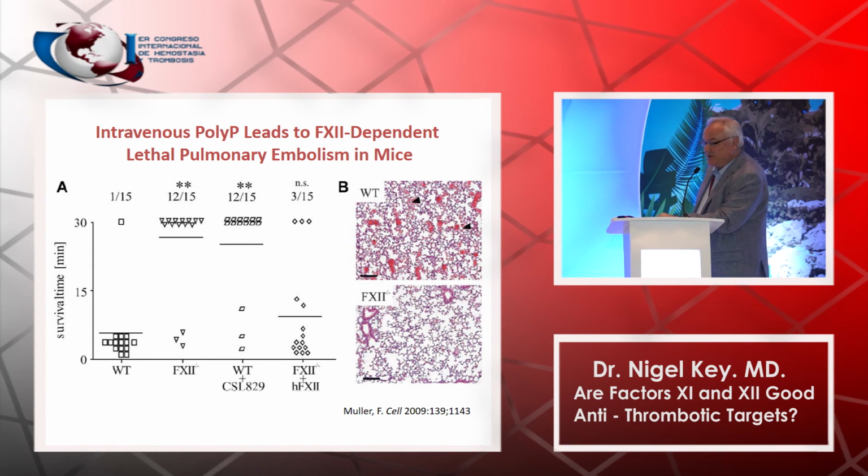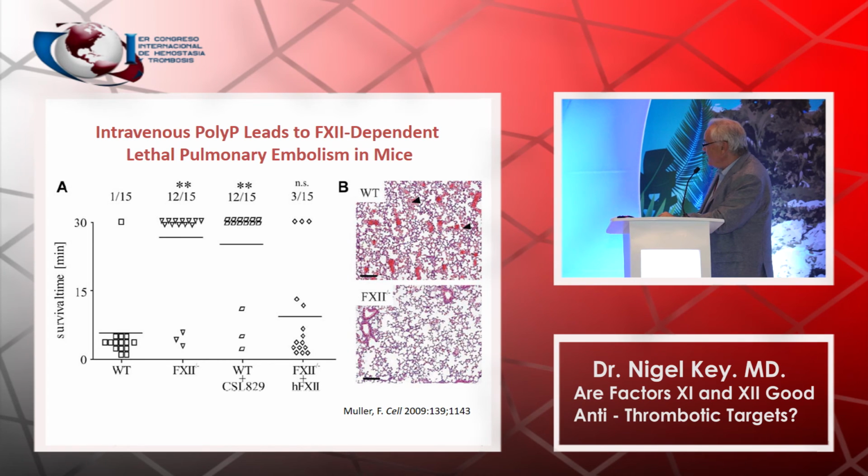And that's what these red staining areas are. These are thrombi. On the other hand, the factor 12 deficient mice, when they were infused with polyphosphate, had a very different kind of survival here, that they largely did very well when polyphosphate was infused.